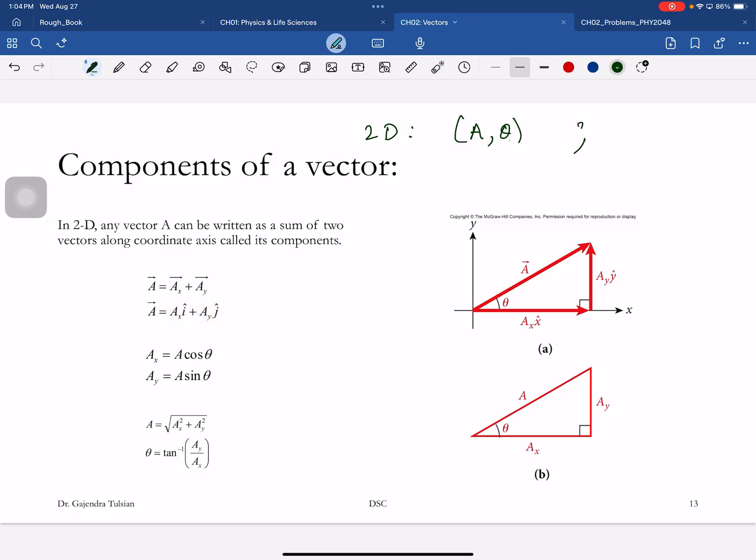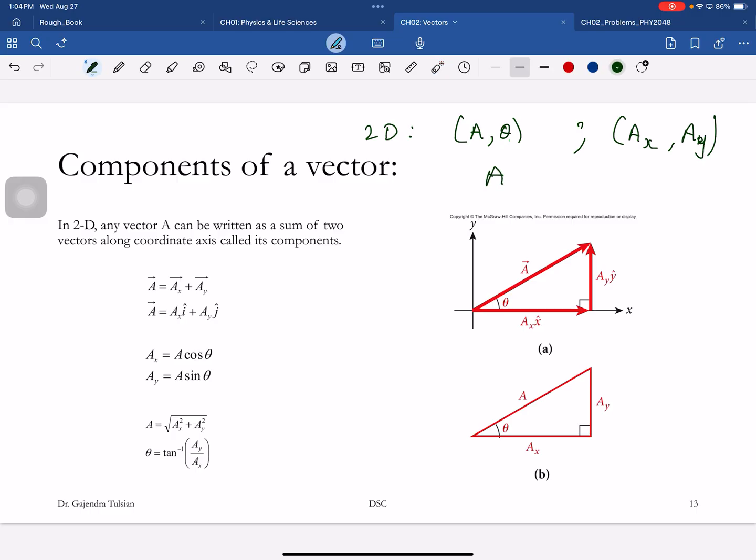Or you could give me this number and this number. And you completely specify the vector. So you could give me this set or this set. Which set has more information? They have equal information.